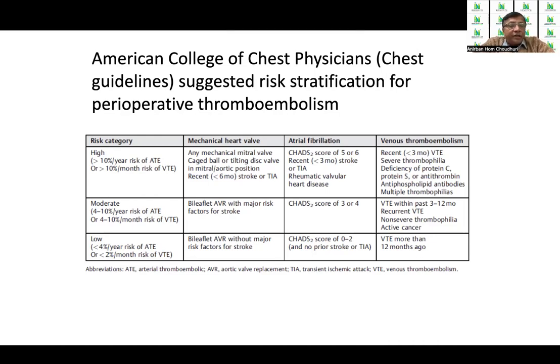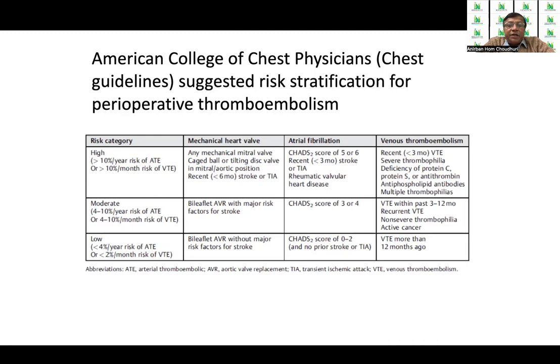The risk is moderate when the risk of arterial thromboembolism is 4 to 10% per year, or the risk of venous thromboembolism is between 4 to 10% per month. So again, we consider the same factors, that is the mechanical heart valve. If it is a bileaflet AVR with major risk factors for stroke, the risk is moderate.